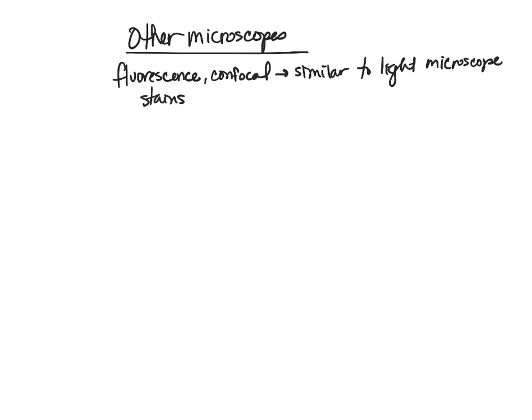But instead of using the specific dyes, instead the stains are fluorochromes. So remember, we already spoke about that a little bit. We have our fluorochromes, and then they're going to fluoresce when we're taking a look at this.